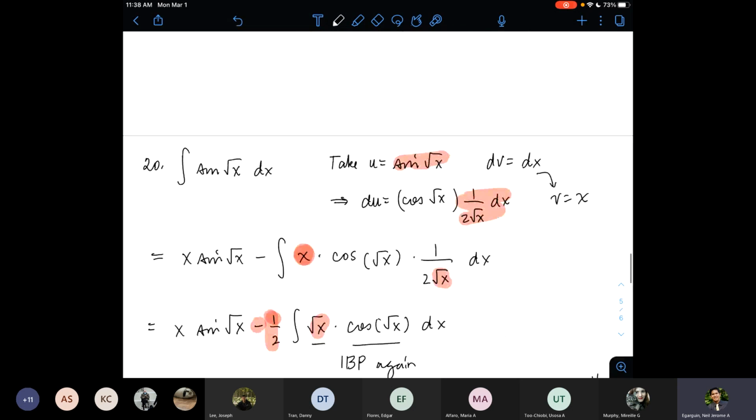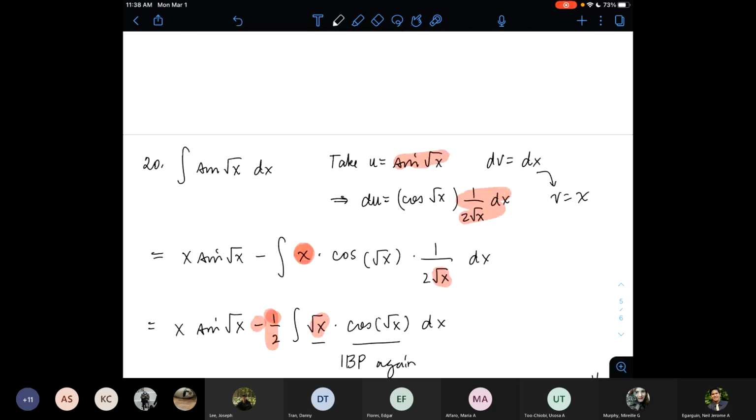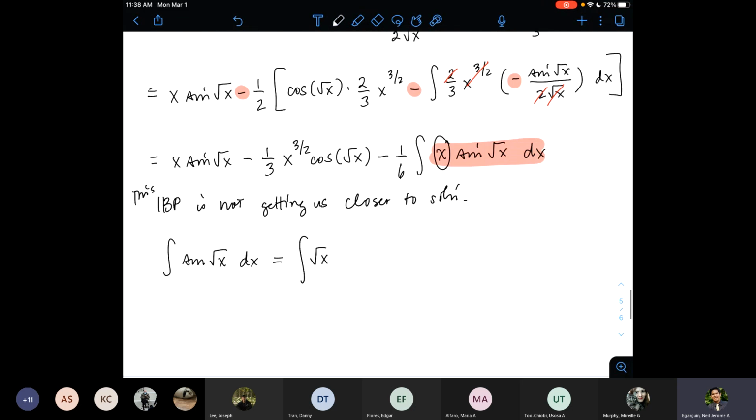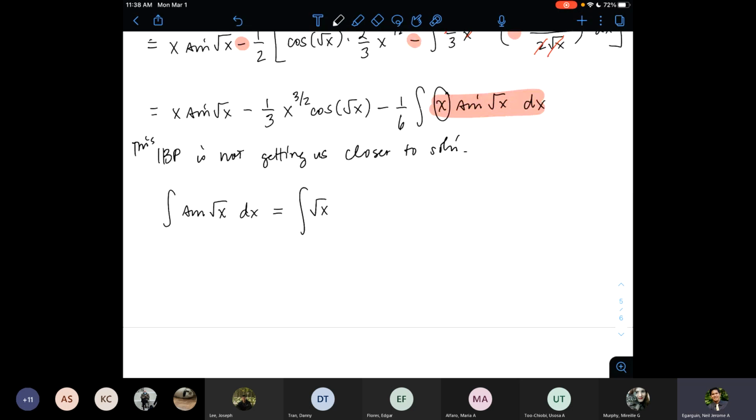But let me see if we can use this trick. I'm thinking probably I can use this trick. Perhaps I can write it as root x sine of root x over root x dx.